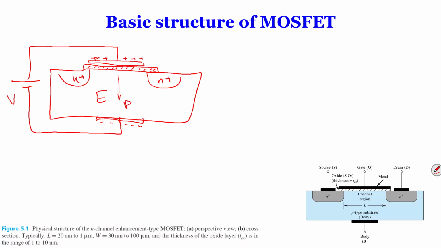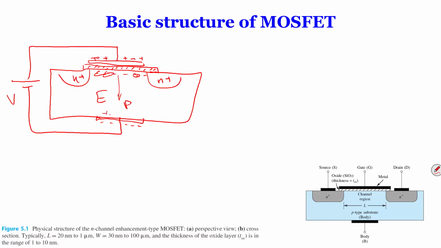Now, the electrons in the N plus material won't move very much because there's a barrier, a PN junction, so they're not going to jump. There's going to be a diffusion area between the PN junction, but the electrons inside this P substrate material are going to move. Where are they going to move? They're going to move here.